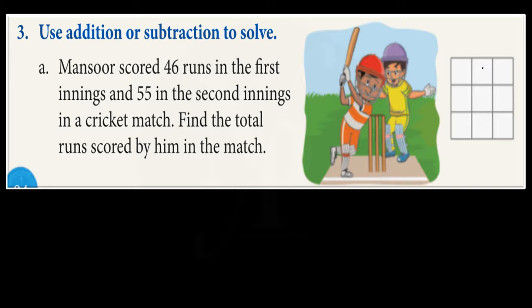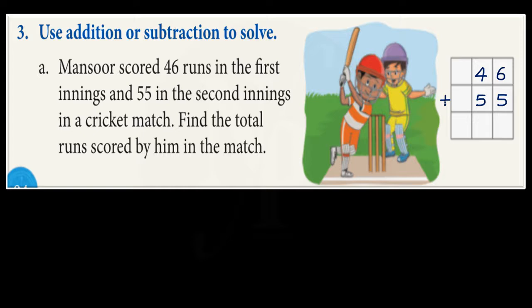Here 4 is in tens place and 6 is in ones place. And again 55 is a 2-digit number. So 5 is in tens place, other 5 is in ones place. So now we should add these numbers to find the total runs scored by him in that match.